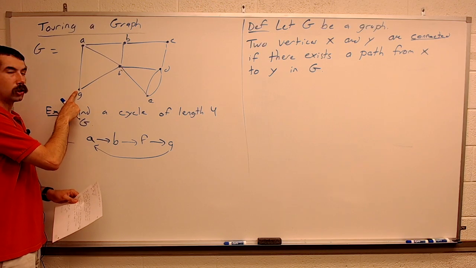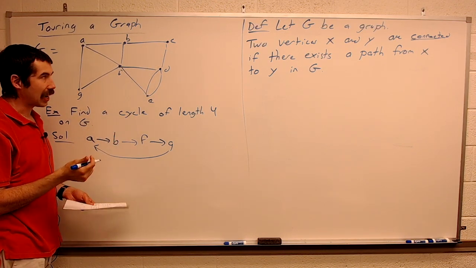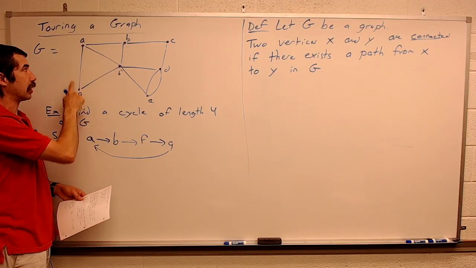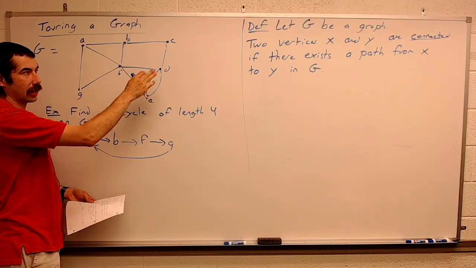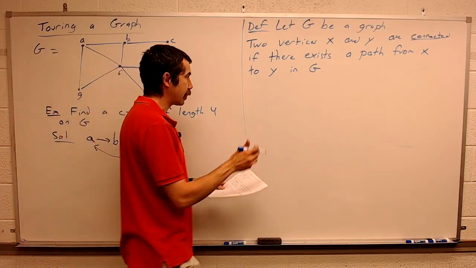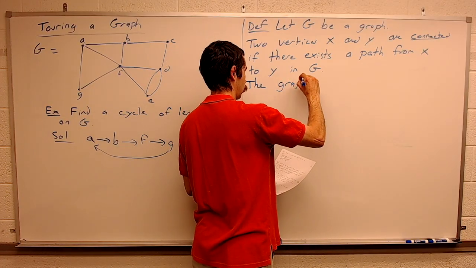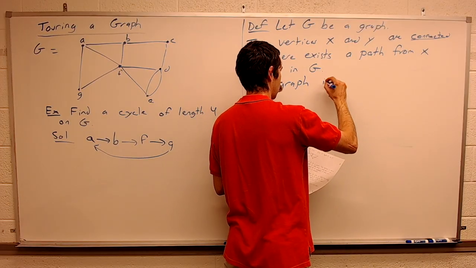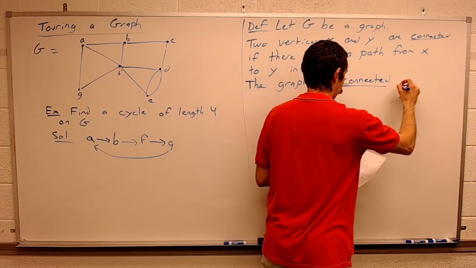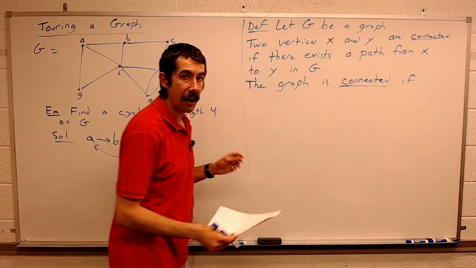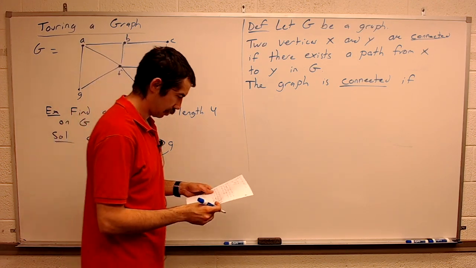All right, so for example, G and C, even though there's no edge between them, they are connected in our graph because you could go from G to A to B to C, and that's a path that connects G and C. We say the graph is connected if every pair of vertices are connected.